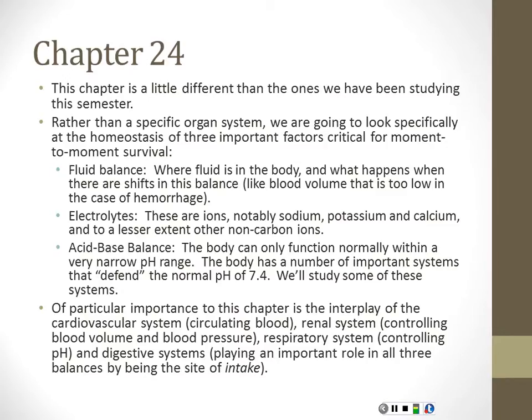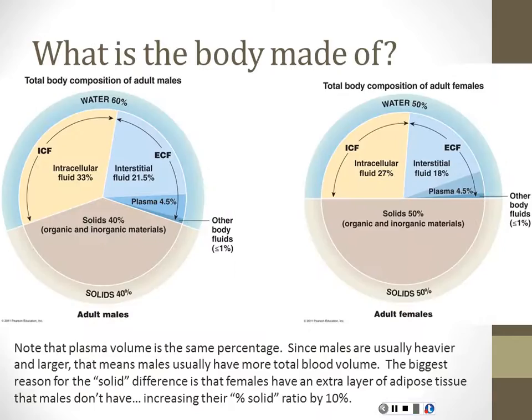And then we're going to look in this chapter at the interplay between some of the systems we've already heard about. So the cardiovascular system, renal system, respiratory system, and digestive system all play a role in all three of these whole-body issues, right? Okay, so we start with fluids. The classic question: what are we made of?